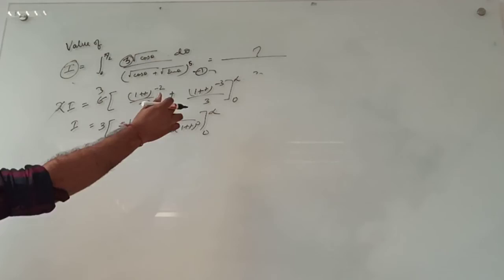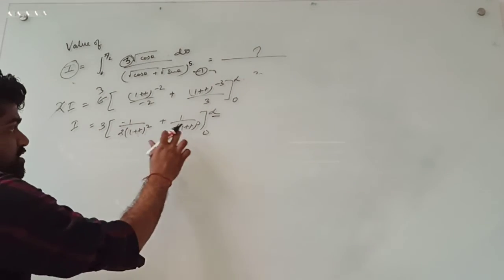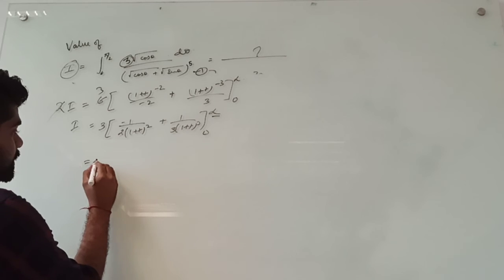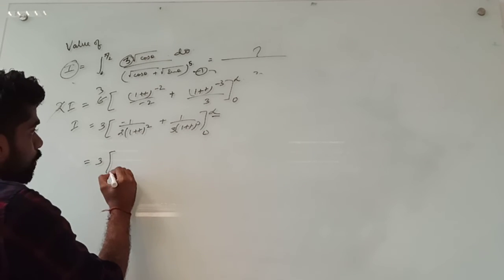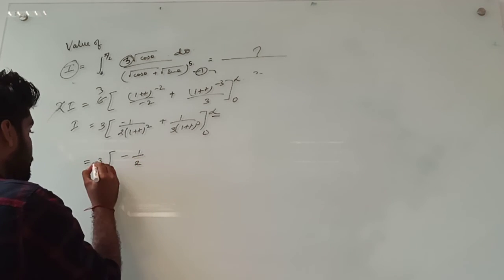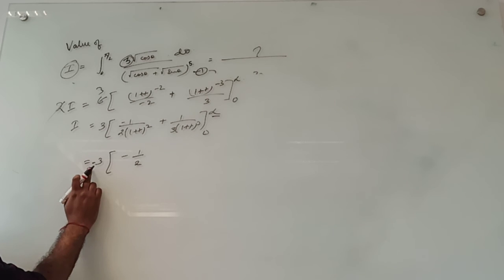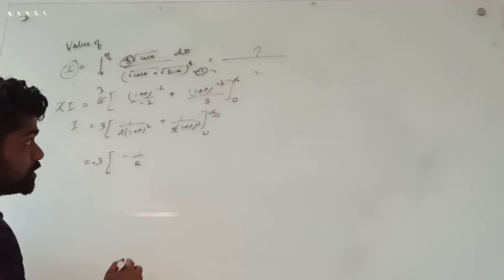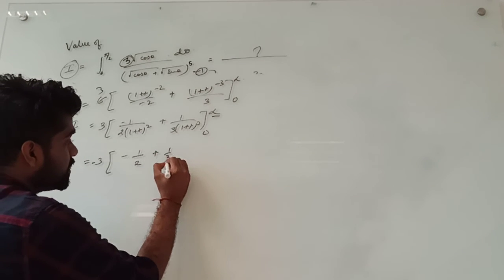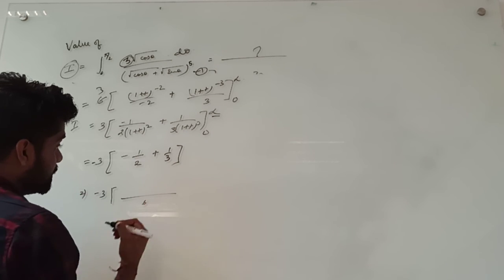If I try to put the limits, we already know 1 plus infinity is infinity, so these two values will disappear. We will be left with, if we apply 0, minus 1 by 2. You have to apply a minus, because it's the upper limit minus the lower limit, so you have to give a minus sign. So it will be minus 1 by 2, and here it will be plus 1 by 3. If we take the LCM, it will be 6.